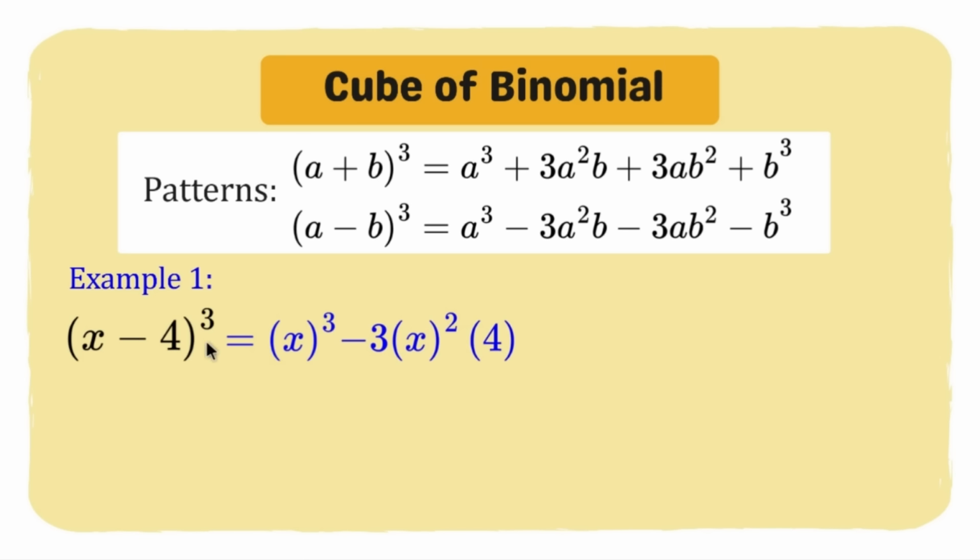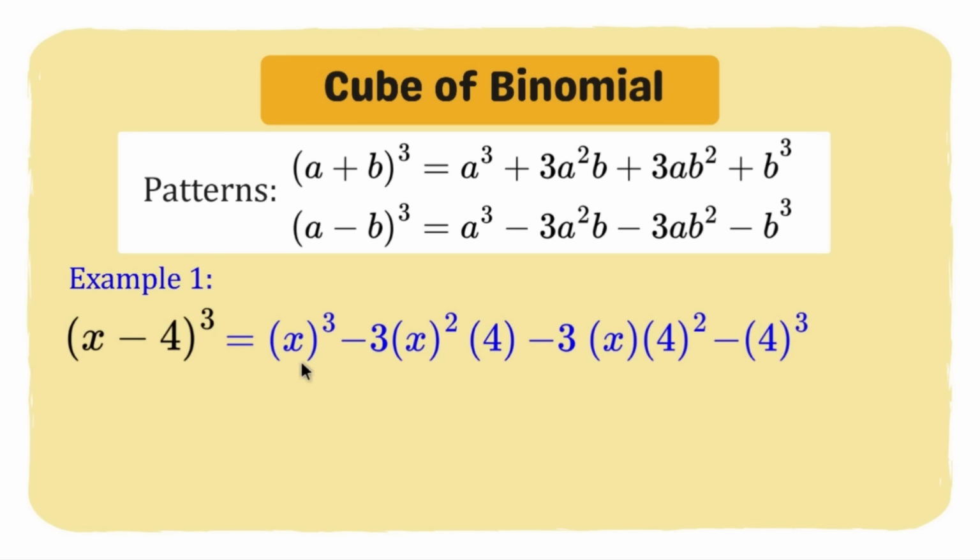And since this is subtraction, subtraction din po yung ating operation. Next, we have negative or minus 3 times x times 4 raised to 2. So, ang i-square naman natin dito is yung second term, which is 4. So, 4 raised to 2 times the first term x times 3. And then lastly, we will get the cube of our last term. So, 4, get the cube. So, we have here 4 raised to 3.